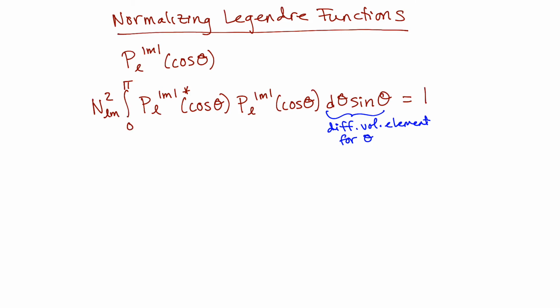Just a quick note that sometimes when you're looking at different texts, for example Corey, a lot of times you'll see that the differential volume element gets put out front. So this would start off with d theta sine theta P sub L to the absolute value of m, and so on.